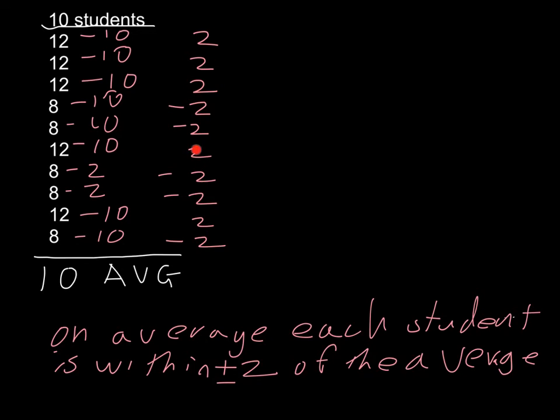If I added all these 2's and -2's together and then divided by 10, I'd wind up with 0, right? Because half are +2's and half are -2's. Therefore, I have to come up with a way of dealing with measurements that are less than the average. And that's why the standard deviation's formula is a little bit more interesting than a straight average.